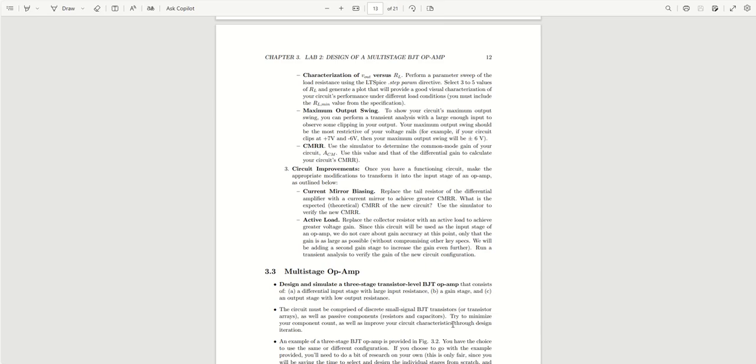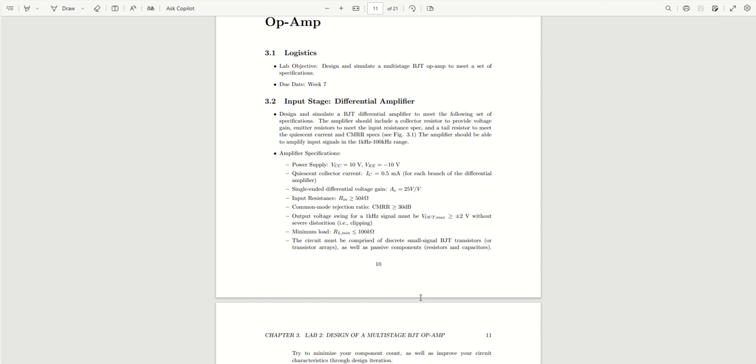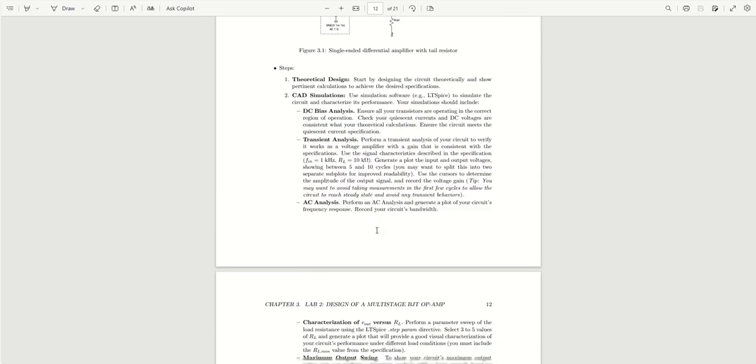So again, the minimum load should be 100 kilo ohms. So you want this amplifier to have a gain of 25 at 100 kilo ohms.